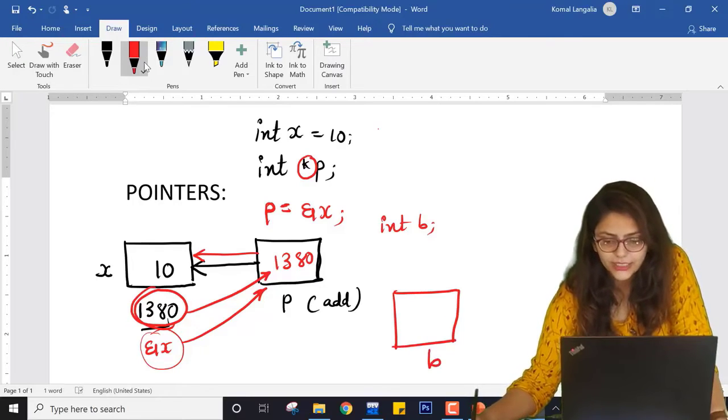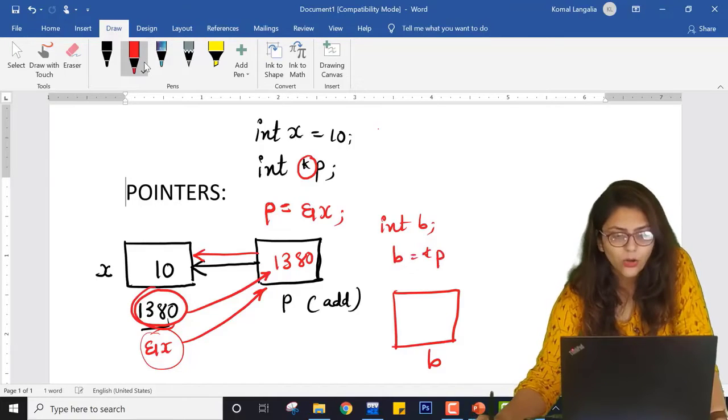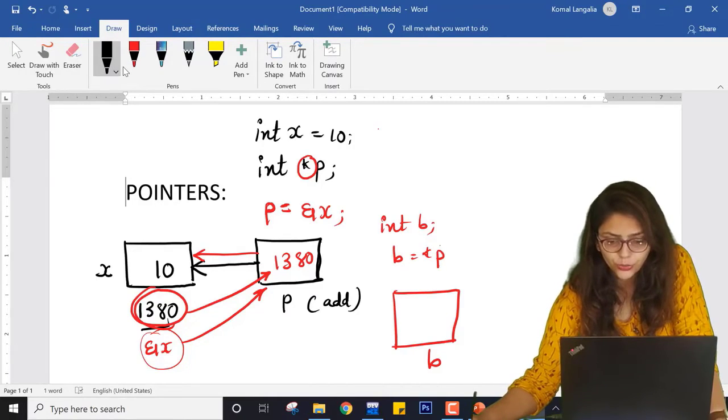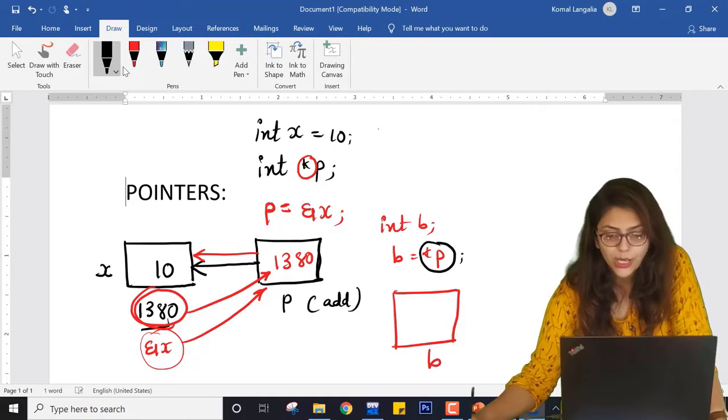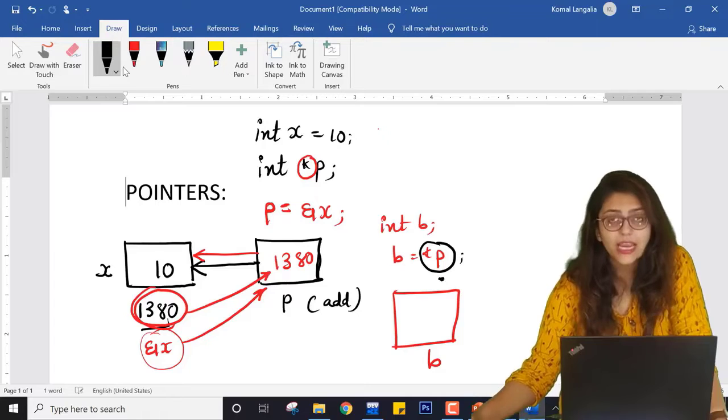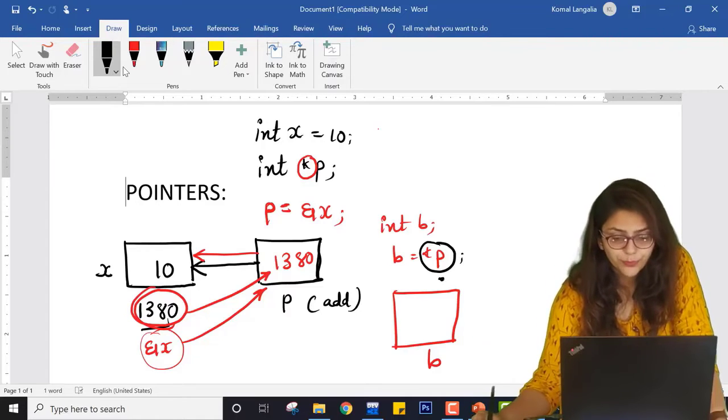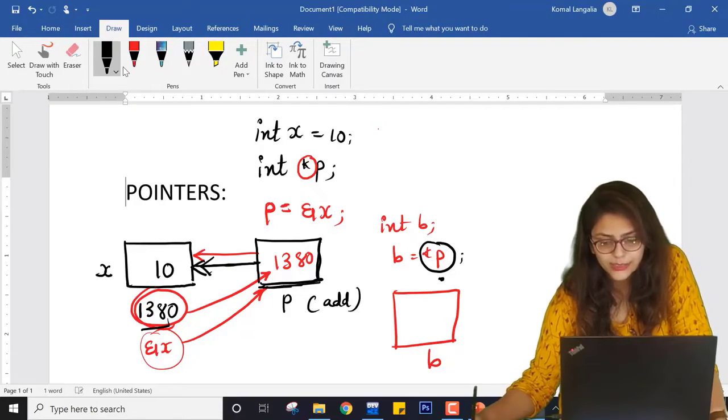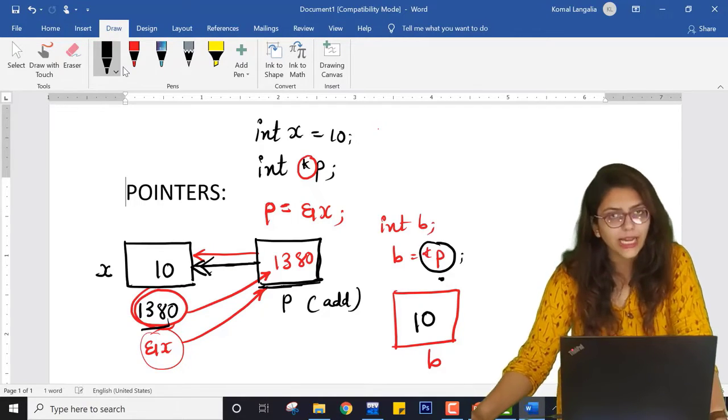Now I am writing b equal to asterisk p. Now please pay attention to this asterisk p. This asterisk p means the value pointed to by p. Which value is pointed to by p? P is pointing to value 10. So now this means b becomes 10, right?